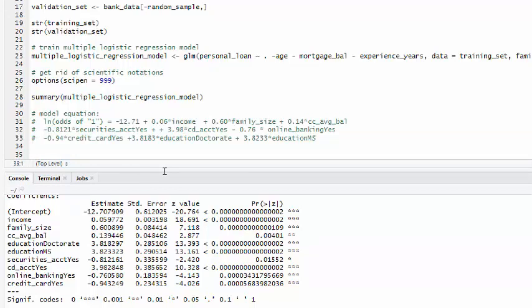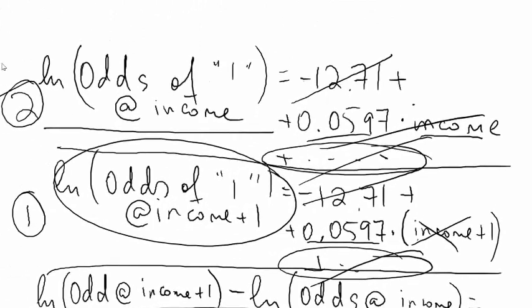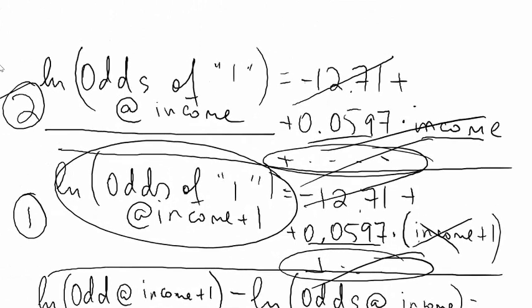So let me remind you. Let me go back to the OneNote. All right, so here's what we discussed in the previous class. If I record my expression for the natural log of odds that the response is going to be 1, then I'm going to look just at income right now.